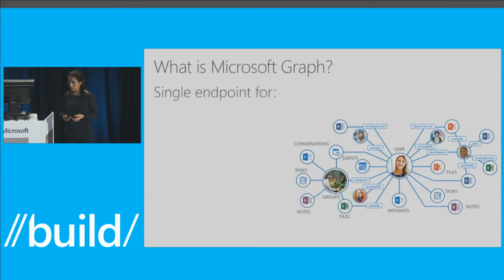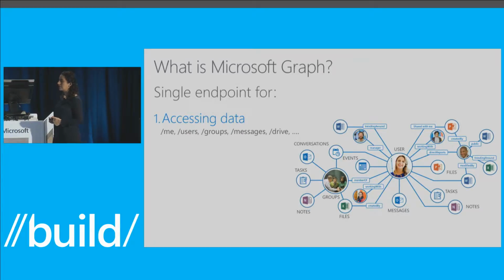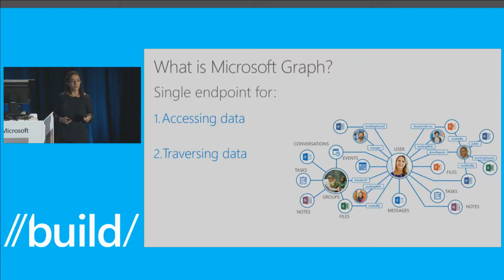So what is Microsoft Graph? It's a single endpoint for accessing the data. We talked about all of these different entities that are underneath it. It's also for traversing that data, so you not only get one endpoint to access them, but you can start making navigations across it.